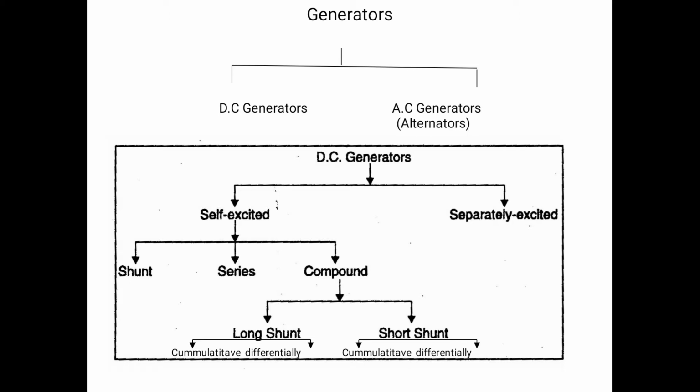Next, compound generators, based on the shunt field winding connection, are divided into two types: long shunt compound DC generator and short shunt compound DC generator. Next, based on the series field winding and shunt field winding magnetic flux direction, the long shunt and short shunt compound DC generators are divided into two types: cumulative and differentially compound DC generator.